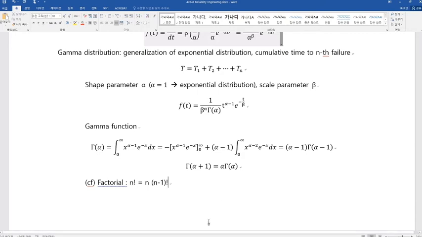Or in this case, n plus 1 factorial equals n plus 1 multiplied with n factorial.